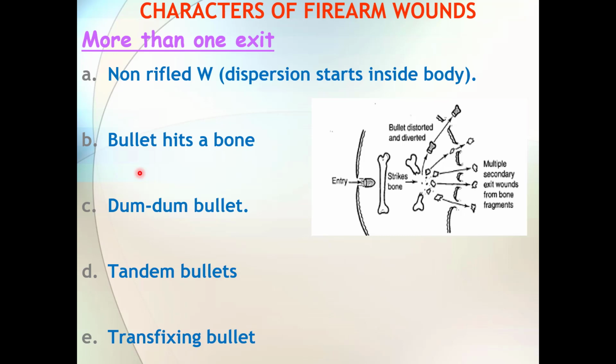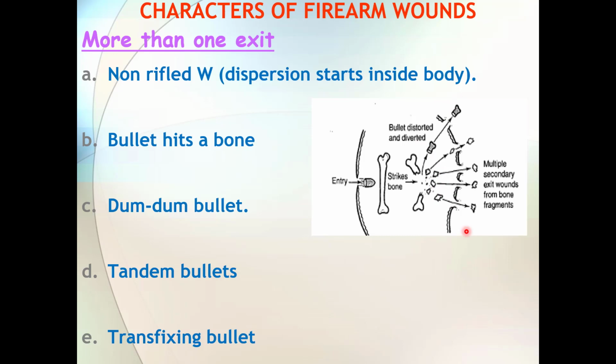If a bullet hits a bone and leads to fragmentation of this bone, the bullet gives its power to this fragment. It will pass from the body by many exits.